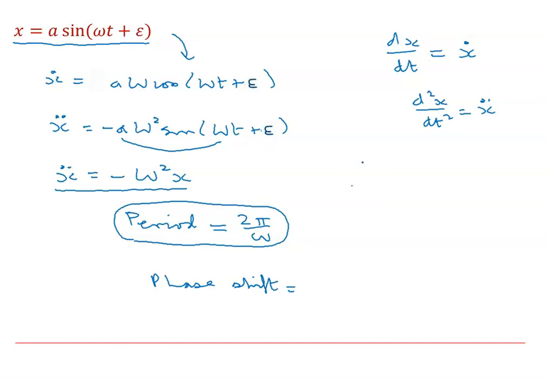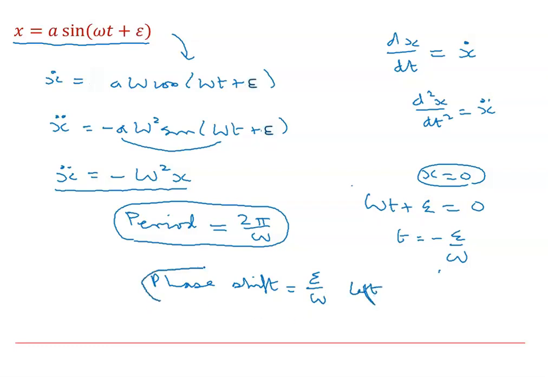For example, if we set omega t plus epsilon equal to 0, knowing that sine of nothing is nothing, so x would be 0, and if we rearrange this for t, we get t is minus epsilon over omega. So when we look at the displacement time graph, it would have a phase shift of epsilon over omega to the left.